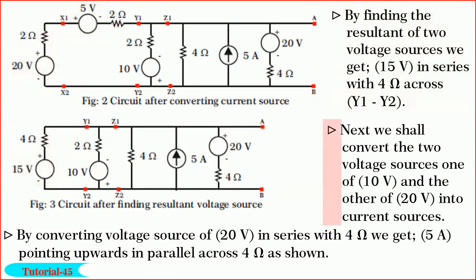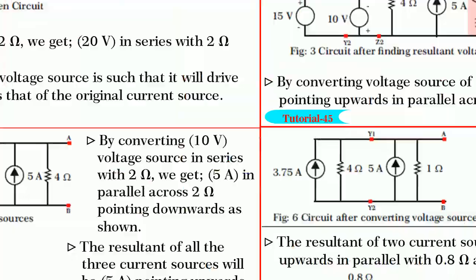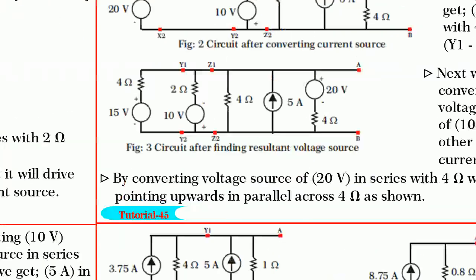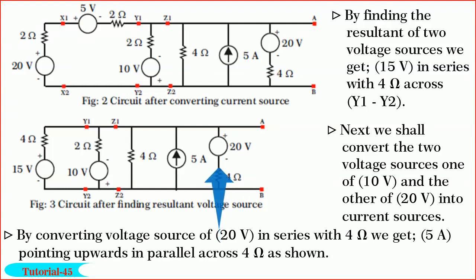Now, we shall convert two voltage sources, one of 10 volts and the other of 20 volts. By converting the voltage source of 20 volts, we get 5 ampere in parallel with 4 ohm. Note the direction of the current source is upwards, which is the same as the current driven by the original voltage source of 20 volts.